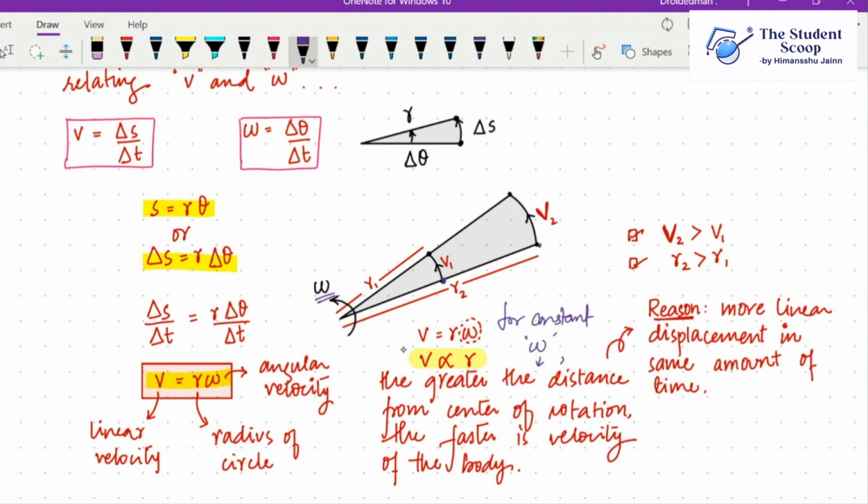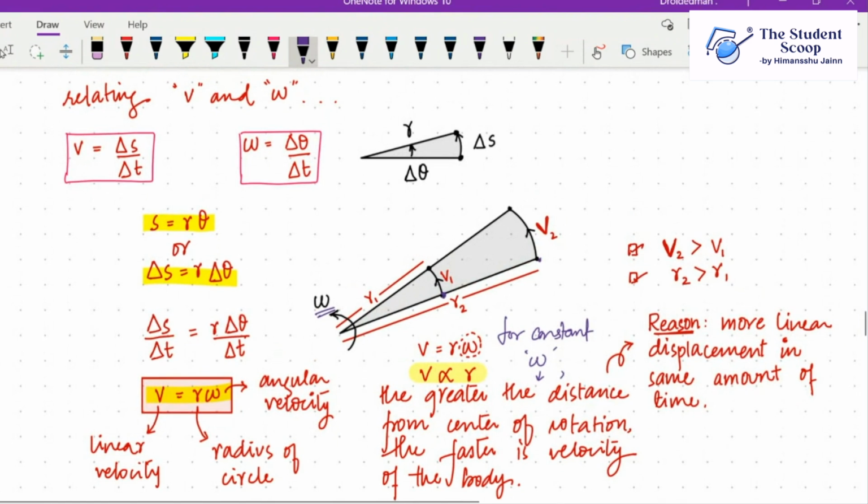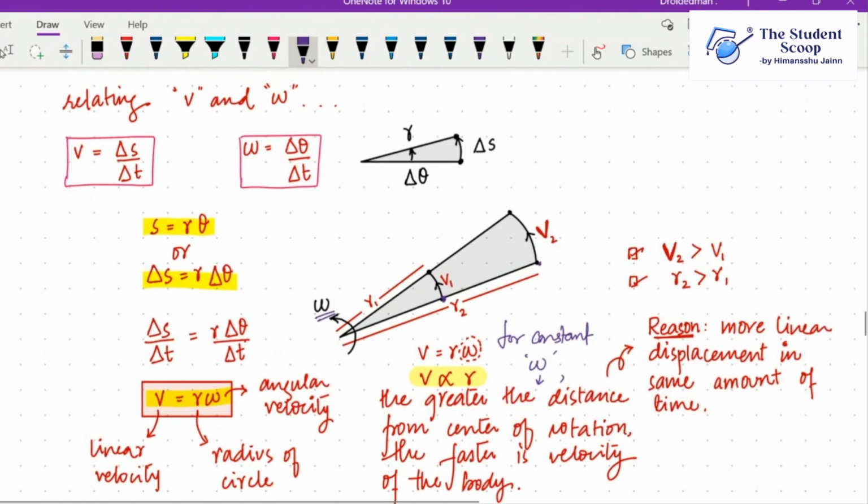This is very simple, but problems are often asked on this particular section where we need to relate the distance and the linear speed. So this linear speed changes with the distance, while angular speed can remain constant. So these relationships are important. We need to remember those relationships.